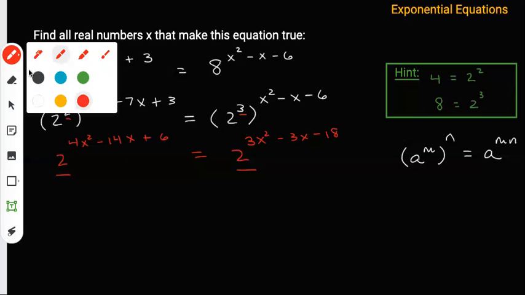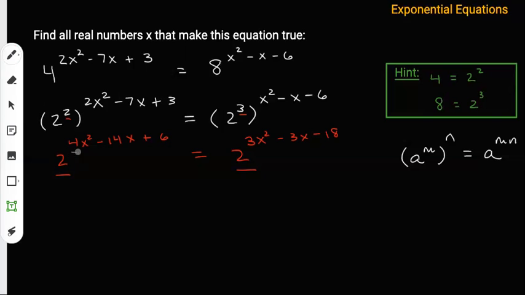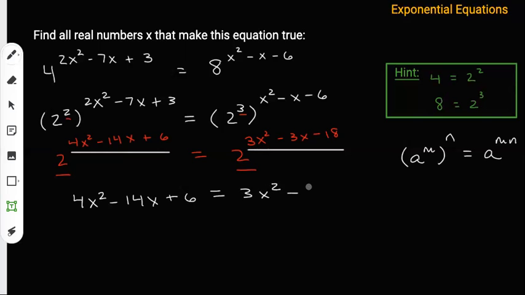So I'm going to set the 4x squared minus 14x plus 6 equal to the 3x squared minus 3x minus 18. So I bring that down on the left side. On the right side, I'm going to have 3x squared minus 3x minus 18.